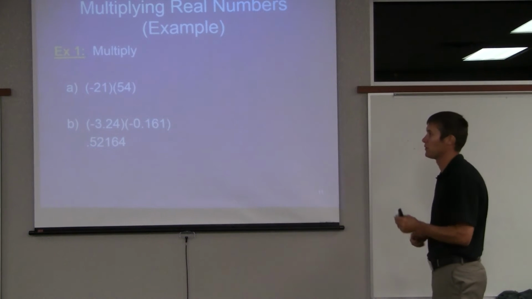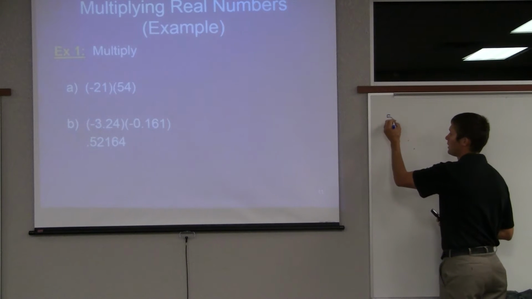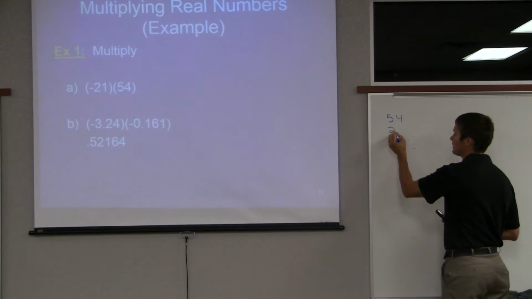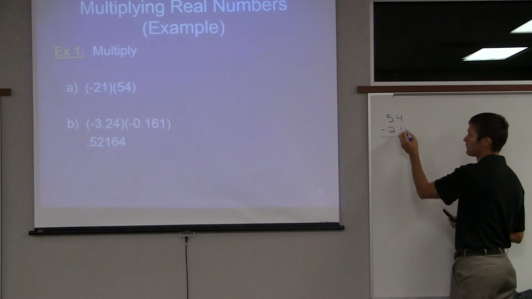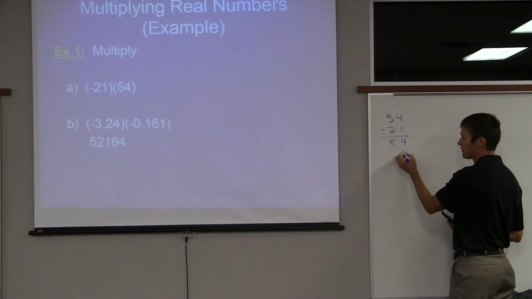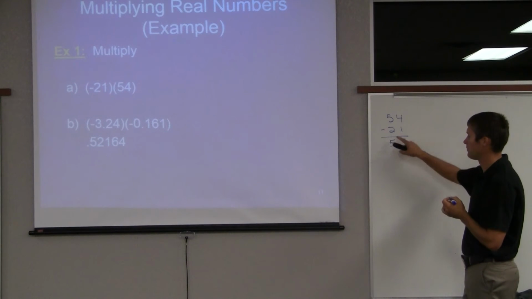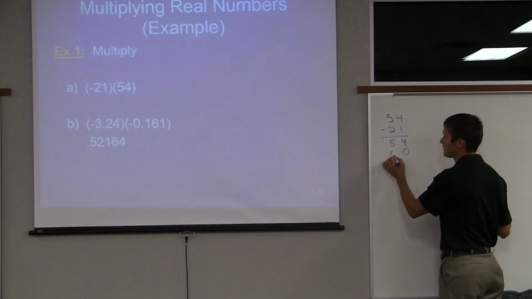Just to review how we multiply, we're going to go 54 times negative 21. Remember, we go 1 times 4 is 4. 1 times 5 is 5. Put a 0 underneath the 4, and then multiply by 2. 2 times 4 is 8. 2 times 5 is 10.